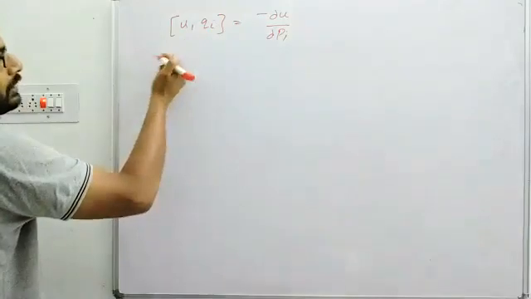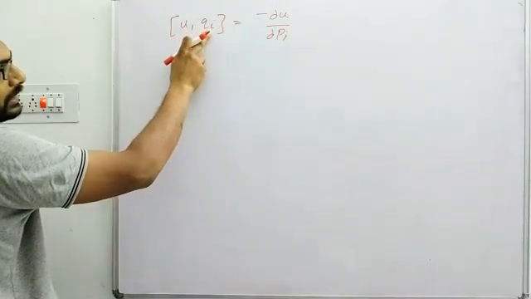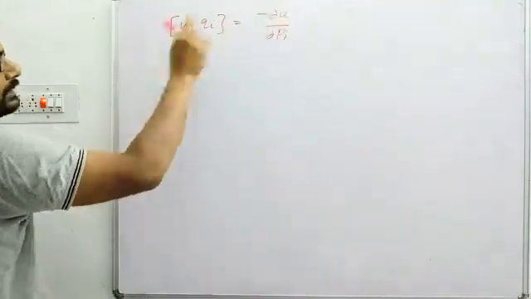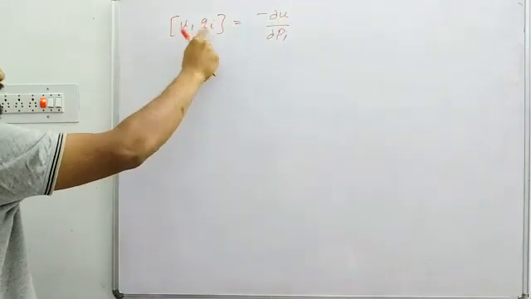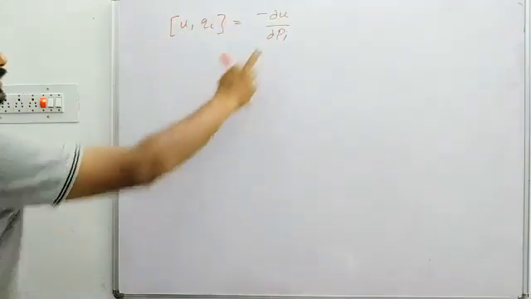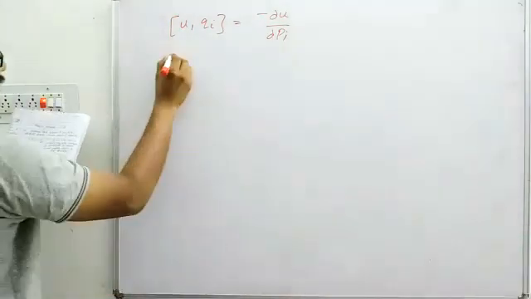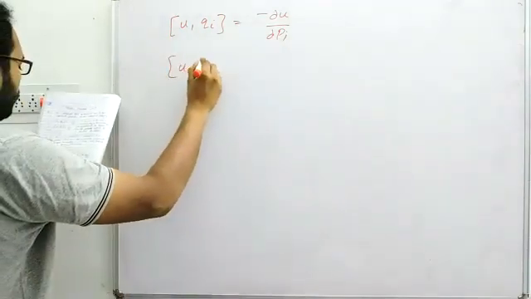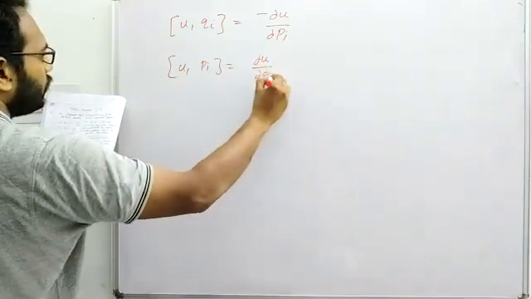This is obvious, because there will be the derivative of this with respect to q and of this with respect to p, and that will be 0, and minus the derivative of this with respect to p and the derivative of this one with respect to q. So the only term surviving will be minus dou u by dou pi. You can prove it as a homework. And we have [u, pi] equal to dou u by dou qi.